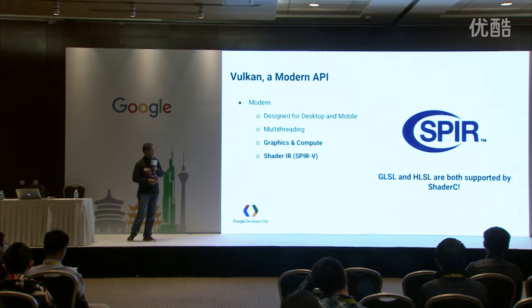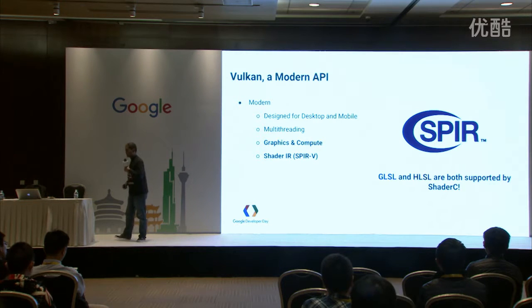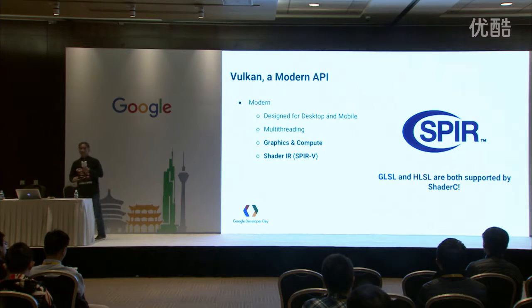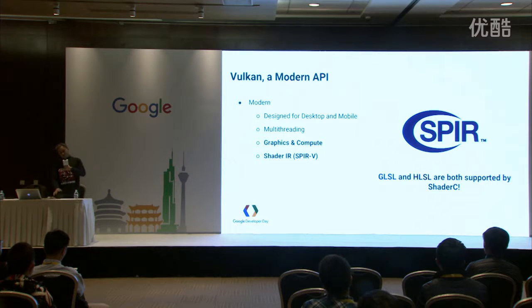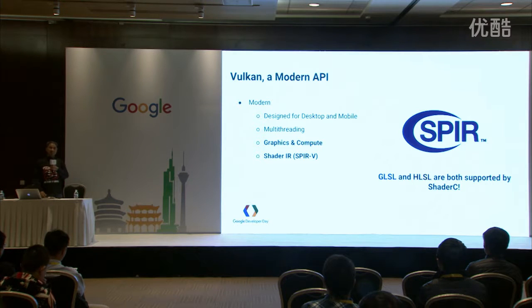It supports both GLSL and high-level shader languages. You don't have to use it, so you can do your own and apply your own optimizations. But the major thing is that nowadays the battle is in the shader. What decides whether you have the best application is in the shader.